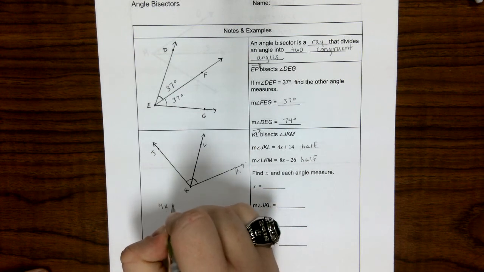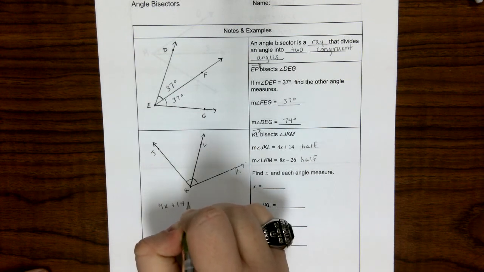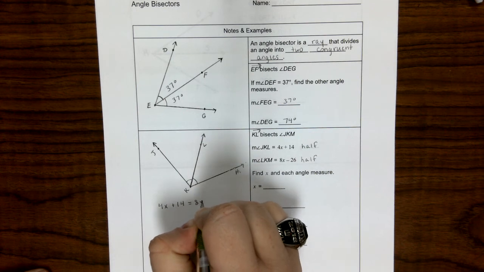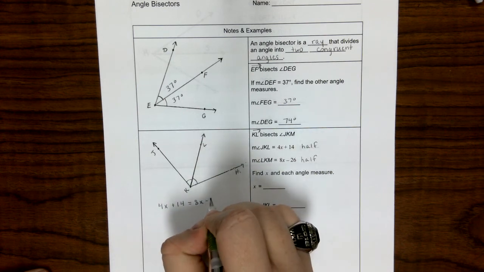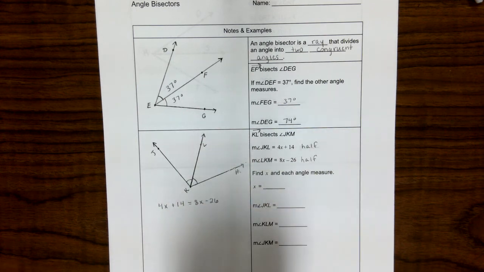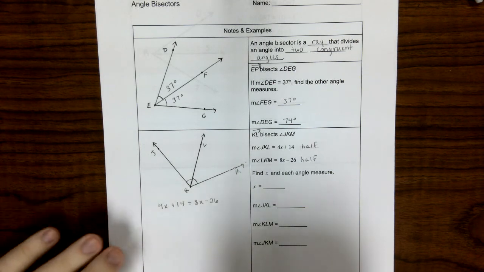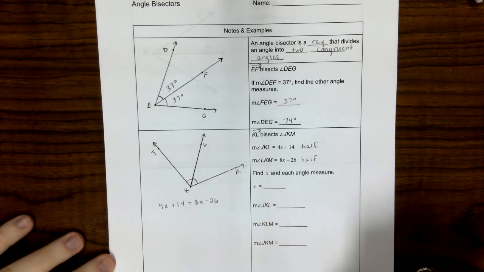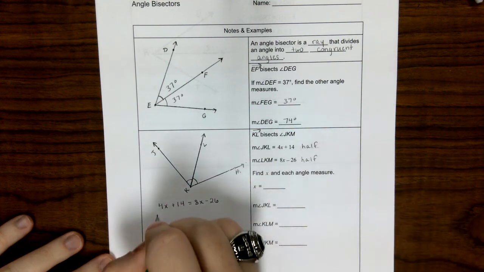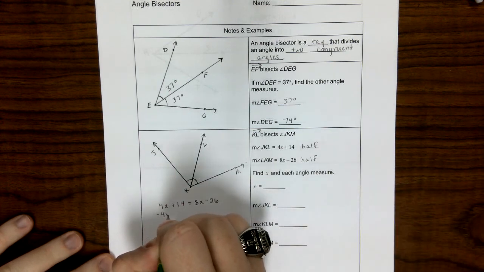4x plus 14 is going to equal 8x minus 26. Okay, variables on both sides, so I'm going to move the smaller one.